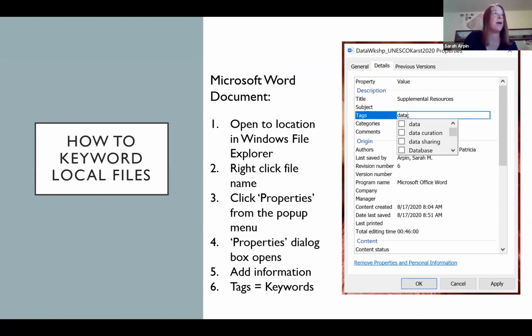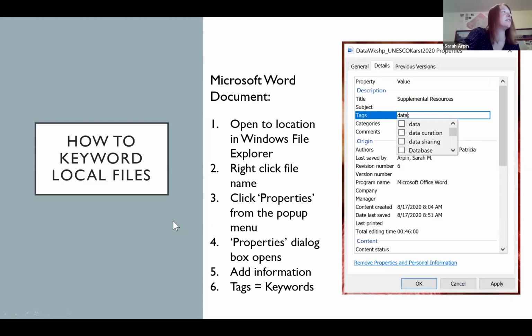In that document properties window, there's the option to add tags, which are keywords. You can see it even gave me a little drop-down menu to choose from when I started typing. So you can keyword your files, and anytime you search one of those keywords in your file explorer, it'll pull those up as well.